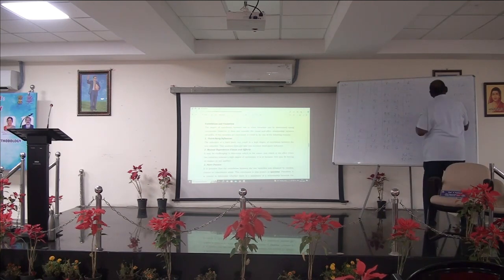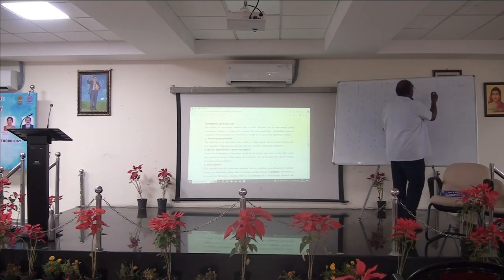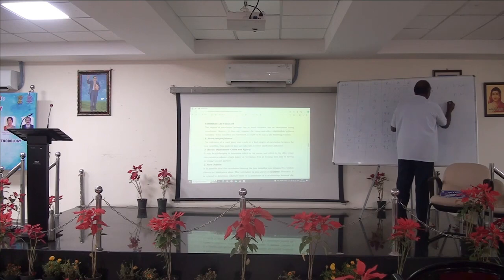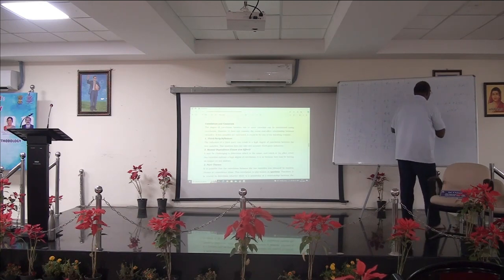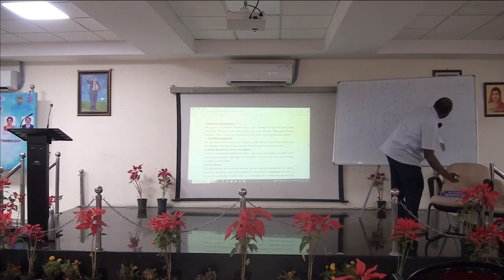So coming back to the formula, we want R equals 1 minus 6 into sum d square, 92.50, divided by n, which is 10, into n square minus 1, that is 10 square minus 1. 6 into 92.50 is 555. 10 into 10 square minus 1 is 100 minus 1, this is 99.